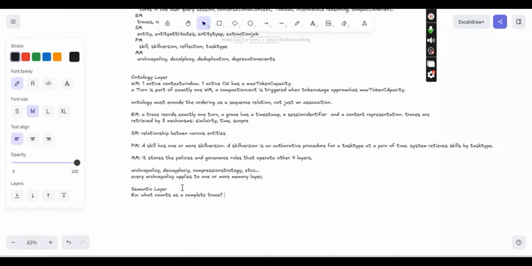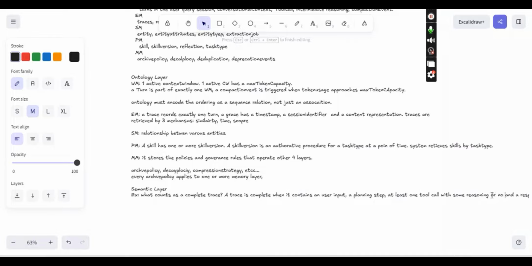A trace is complete when it contains a user input, a planning step, at least one tool call with some reasoning, and a response, or no tool call.